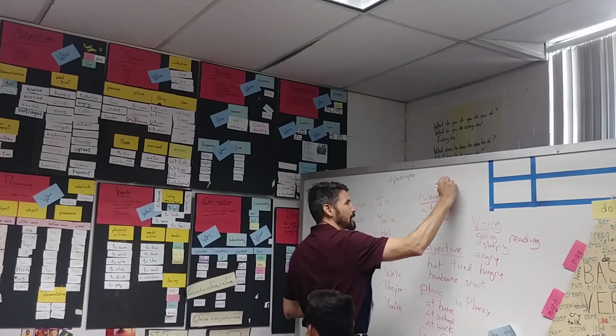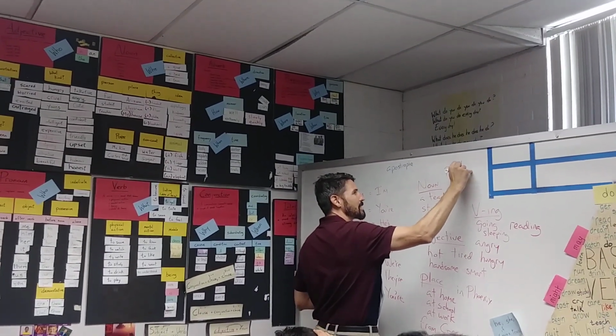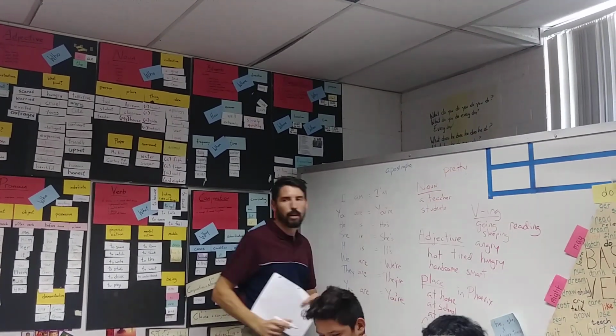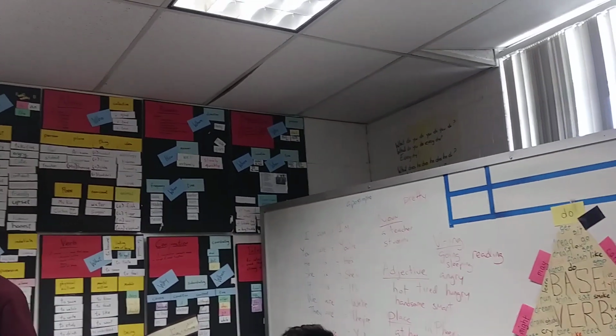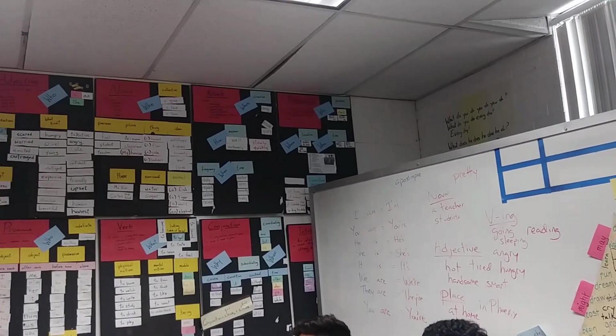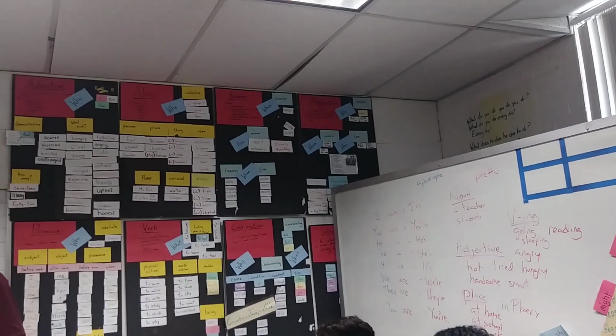I want to make sure we understand pretty. He says that's pretty far away. What does pretty mean? Pretty means great, nice, beautiful? Does that make sense to you? That's beautiful far away. That doesn't make sense. So we have a word like very, like the teacher is very handsome, right?